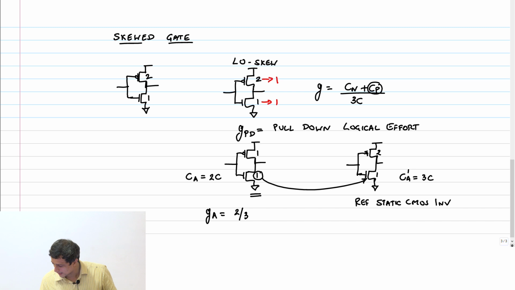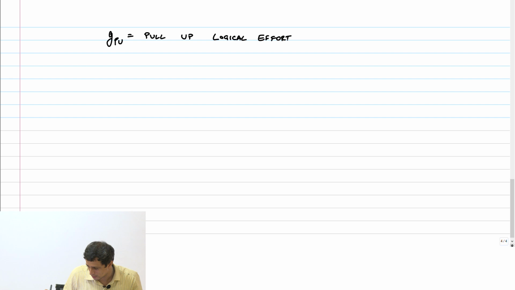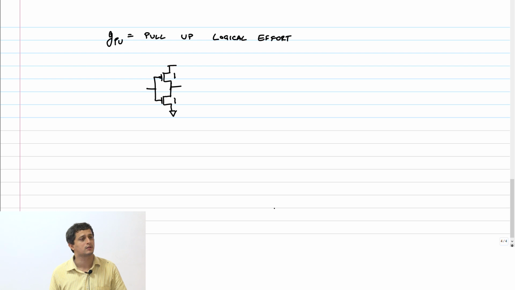Therefore, we will now go ahead and calculate the logical effort of the pull up. Okay, so here is my low skew inverter. This is 1, and I said this also is 1.